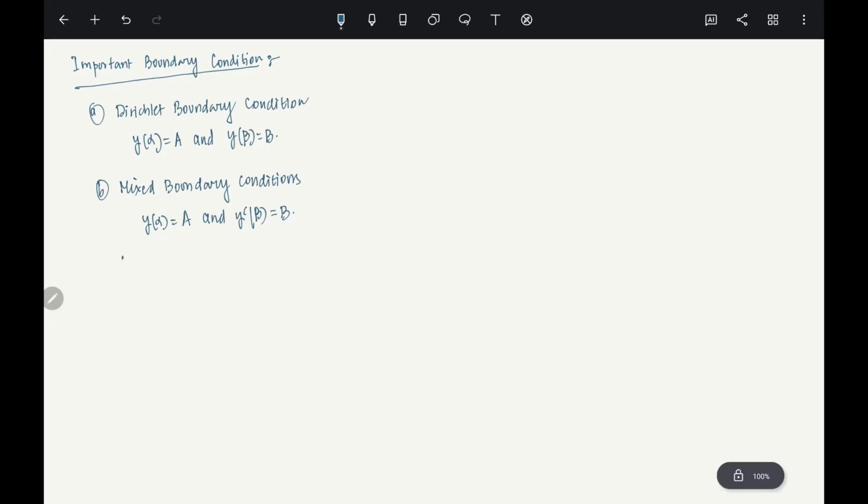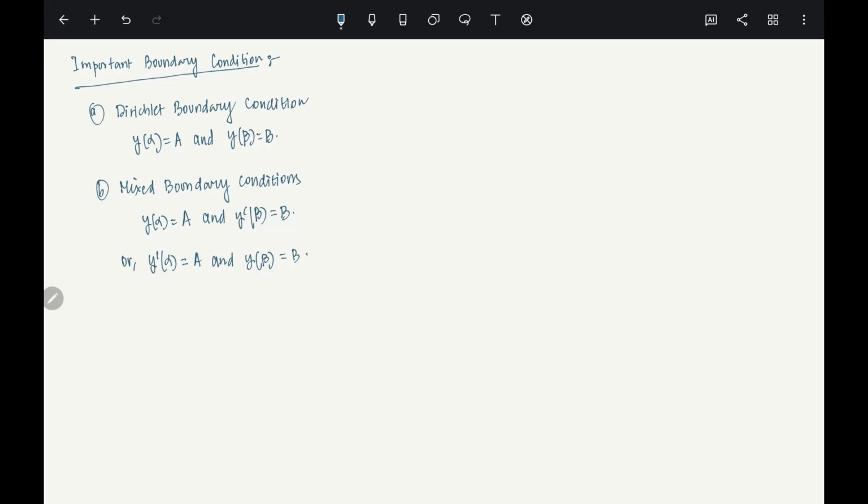Or one can also have y prime at the point alpha is A and y at the point beta is B. So basically mixed means I have data for y prime also and y also, at two different points alpha and beta. That's your mixed boundary condition.